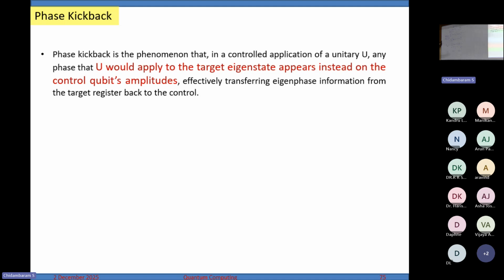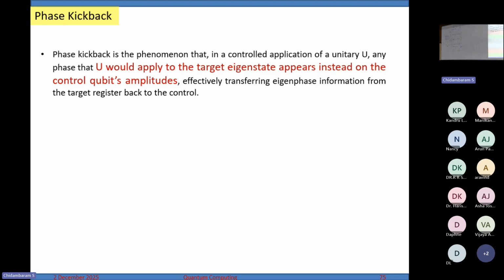For convenience, I have written it in factorized form: 1 by root 2 (ket 0 minus ket 1) tensor product with ket 1. This is my C and this is my T. My T is the same, but the phase got flipped: plus became minus. So what is this plus and minus?